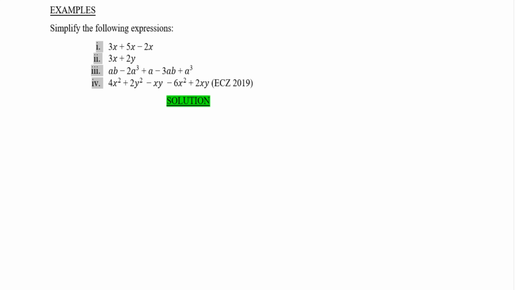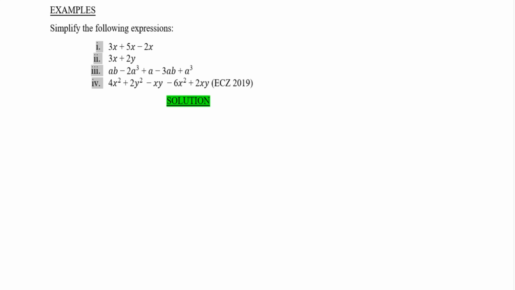So when we look at the word simplify, we are saying we get an expression, we write it in simple terms. If there is addition, we add. If there is subtraction, we subtract in relation to the like and the unlike terms.